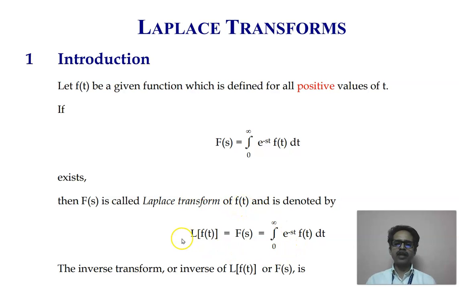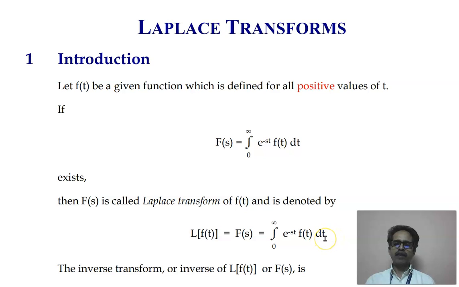In this way we can write the equation: Laplace transform of the function small f of t is equal to capital F of s, and it is the integral from 0 to infinity of e raised to minus st f of t dt.